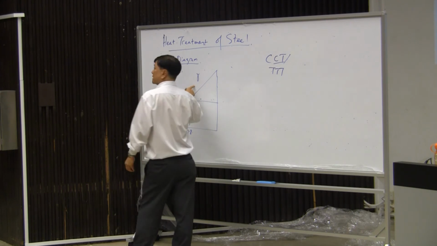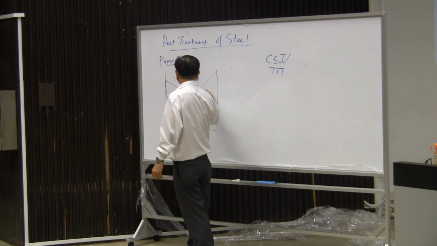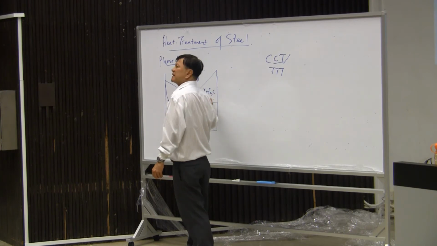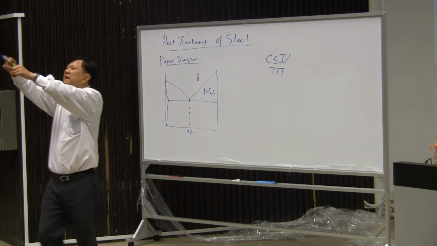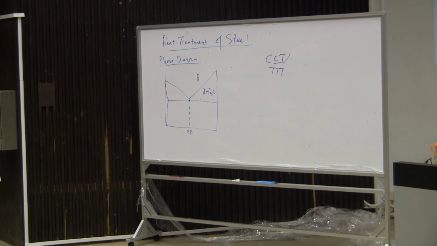Here is austenite, here is austenite plus what? Cementite. Very hard and very what? Brittle. So your steel is not very good for general application except maybe for what? When you need wear resistant kind of application, because the carbide gives you the wear resistance.